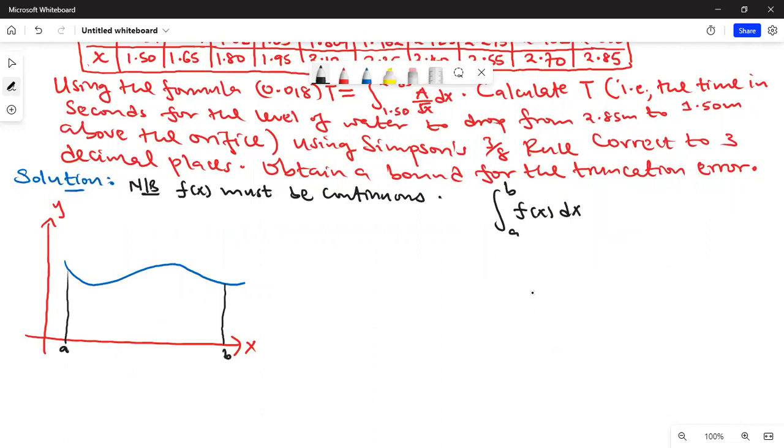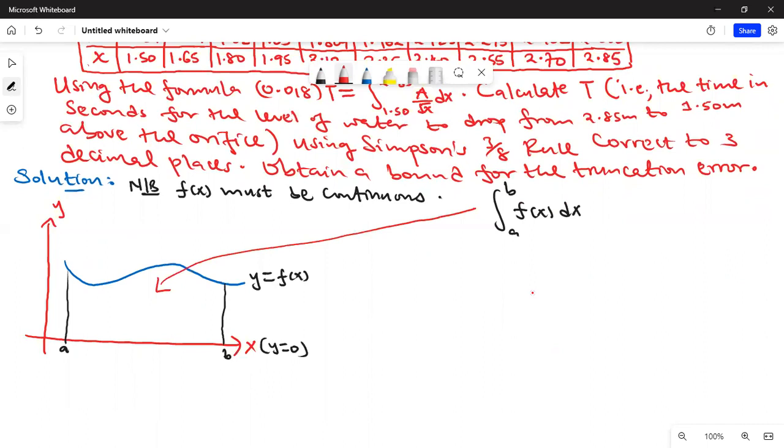We need the area enclosed by the curve y is equal to f of x, the x-axis, which has the equation y is equal to 0, and the lines x is a and x is b. So typically it's this region. That's what you mean by the integral from a to b of f of x dx. So now you see, we are simply approximating that area, using Simpson's 3/8 rule.